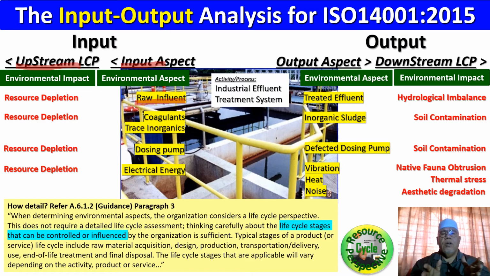In other words, the formation of raw effluent, because raw effluent is an input. So we have to look upstream. How is it formed? The formation of raw effluent has interacted with the environment and has caused some kind of environmental impact. What is it?